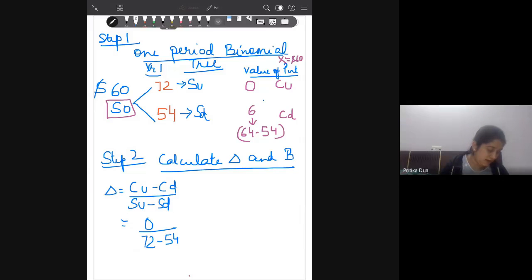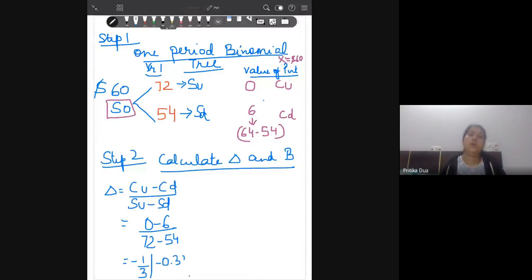Okay, now we can calculate the value of delta. However, it will still be negative. So 6 divided by 18. So you're getting a negative value. If you want, you can keep this in decimal also. 1 by 3, keep 1 by 3, or minus 0.333.